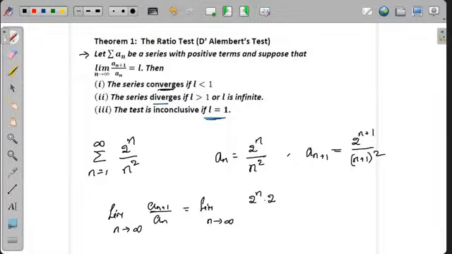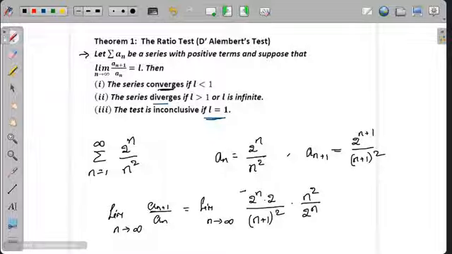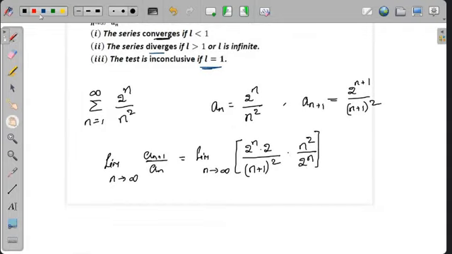You can write it as into 2 over n plus 1 whole square times reciprocal of an, that is n square over 2 power n. Okay. Now I hope we can cancel something here. So this is limit n goes to infinite. So after cancellations, what remains is 2 into n over n plus 1 whole square.